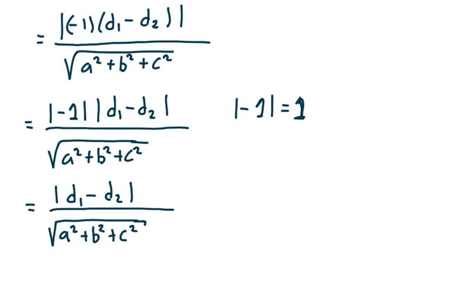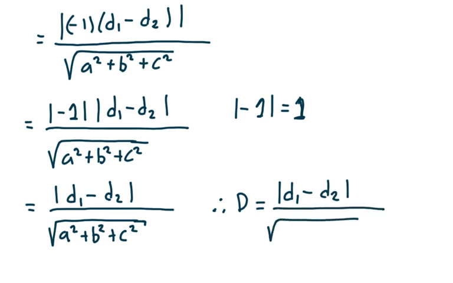And we're done. So therefore, capital D is the absolute value of D1 minus D2 divided by the square root of A squared plus B squared plus C squared.